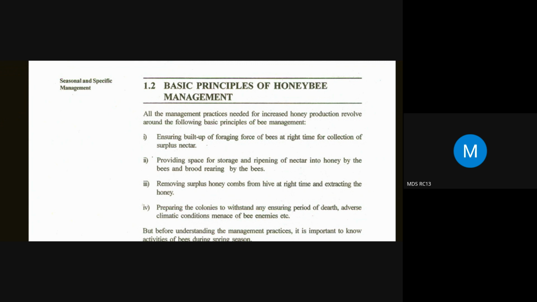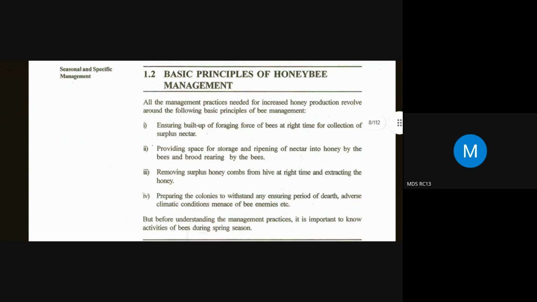In the brood chamber, if there is space, we have to fill it with proper frames. And in the super chambers, we have to provide the proper frames. In both cases, frames must be provided with comb foundation.